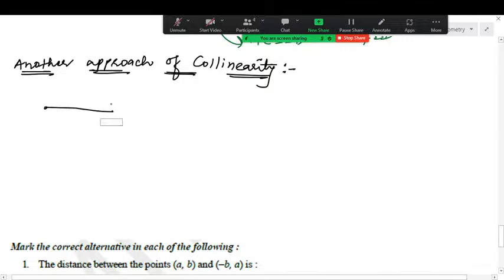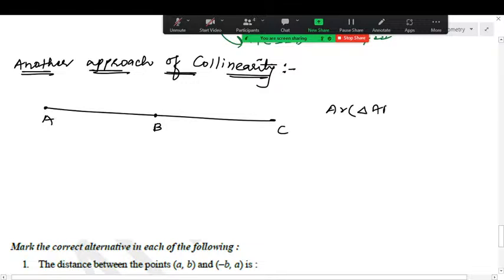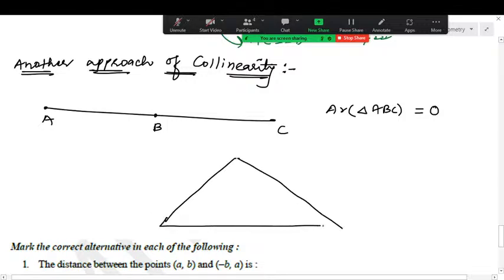If these 3 points are collinear, they are not forming a triangle, what should be its area? Tell me please. 0, obviously. If it forms a triangle, then its area can be determined. Their coordinates must be given to you, and by observing their coordinates you can find out the area.